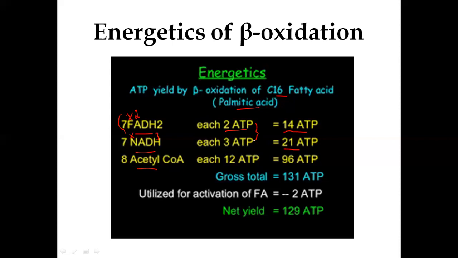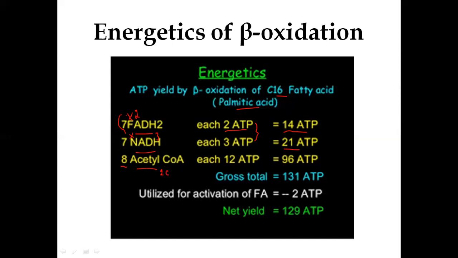Next, the 16 carbon fatty acid will be converted into 8 molecules of acetyl CoA by 7 passes of beta oxidation in mitochondria. Each acetyl CoA has 2 carbon in its skeleton, so 2 carbon into 8 is 16 carbon.